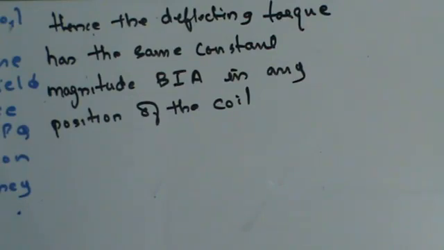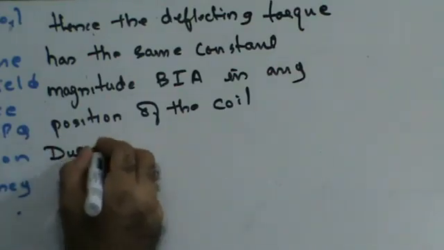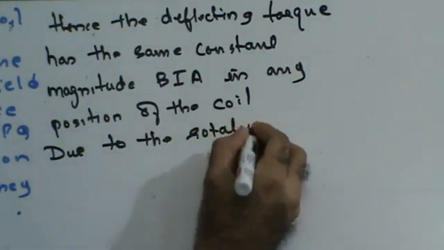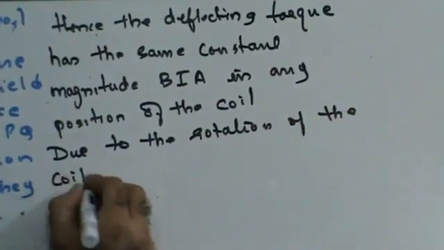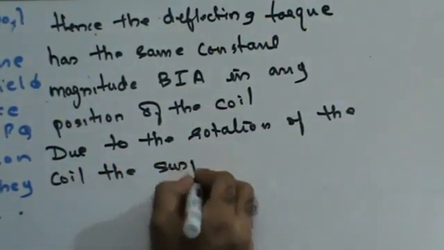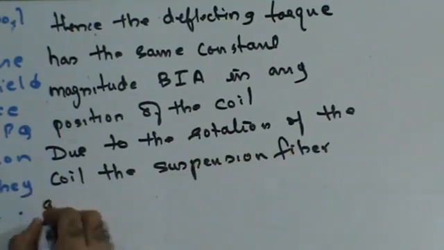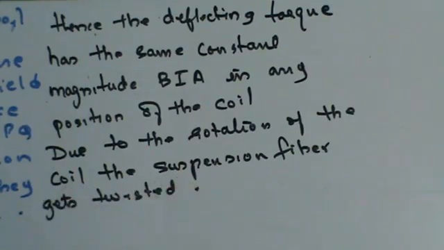Now, due to the rotation of the coil, the suspension fiber gets twisted. Remember, we had done the diagram where you had a suspension fiber above and suspension fiber below. Due to the rotation of the coil, the suspension fiber gets twisted, right?